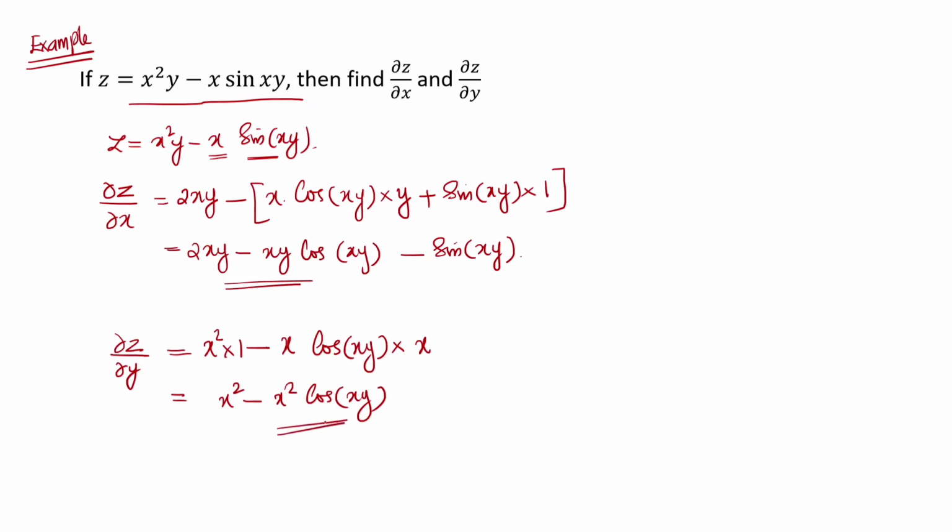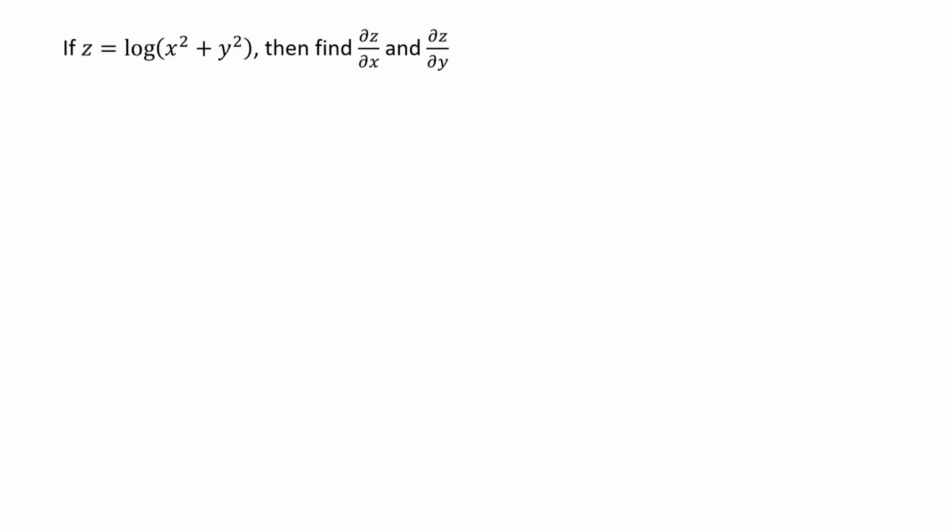Now we will move to the second example, question number 2. If z is equal to log of x square plus y square, find dou z by dou x and dou z by dou y. That is, the function is z is equal to log of x square plus y square, and its first derivative with respect to x is dou z by dou x, which is equal to derivative of log is 1 by x square plus y square, into derivative of x square plus y square with respect to x.